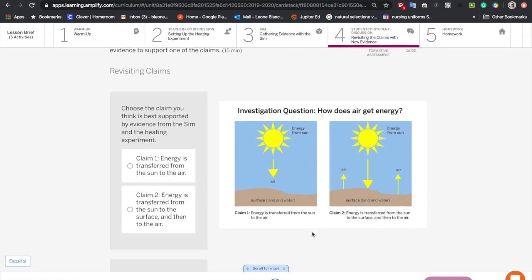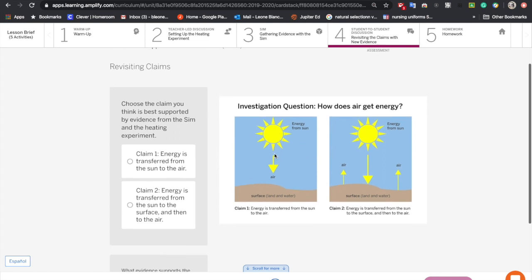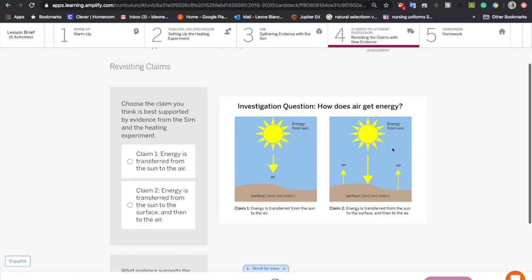So now let's look back at this idea. We have two options. Both the simulator and the experiment showed us that when there's a surface, the sun hits it first and the air above then gets hotter.